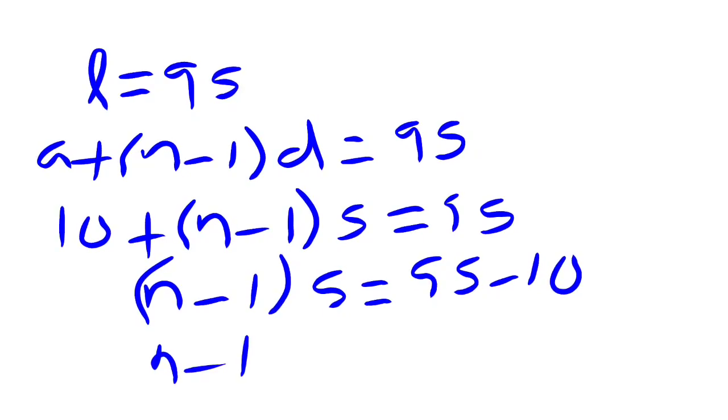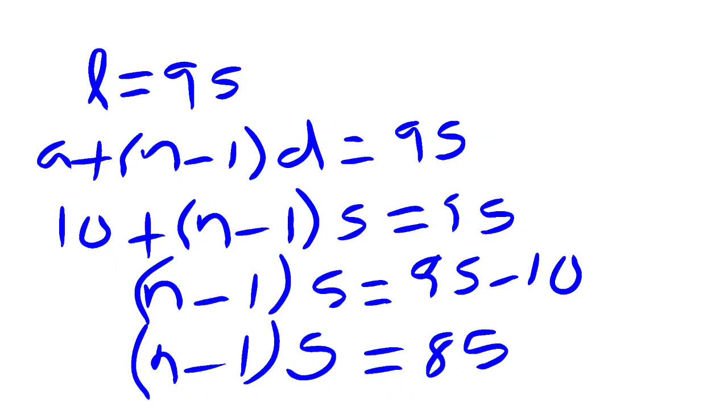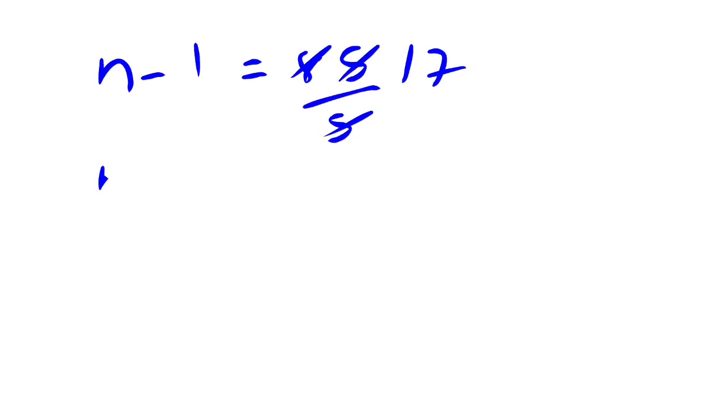So n minus 1 into 5 equals 95 minus 10, which is 85. So n minus 1 equals 85 by 5. 5 ones are 5, remainder 3, 35. 5 sevens are 35. So n minus 1 equals 17.